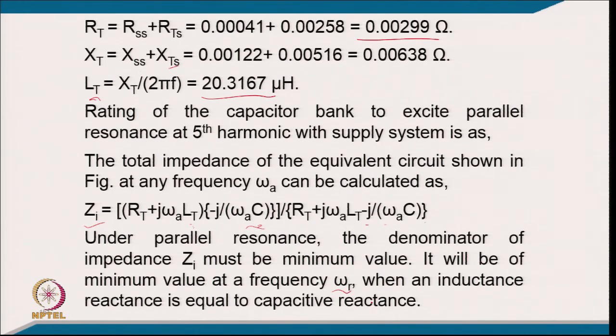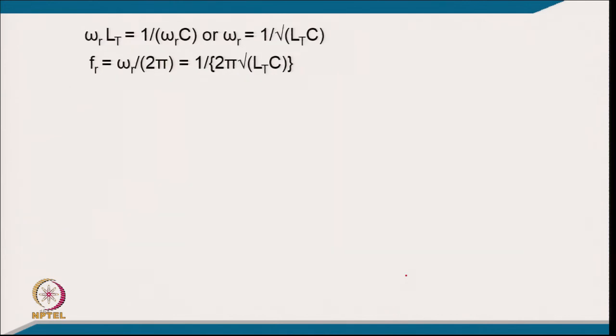So when the inductive reactance and capacitive reactance are equal, ω_r L_T = 1/(ω_r C). So we have resonance frequency ω_r = 1/√(L_T C) and f_r = ω_r/2π, that is 1/(2π√(L_T C)).